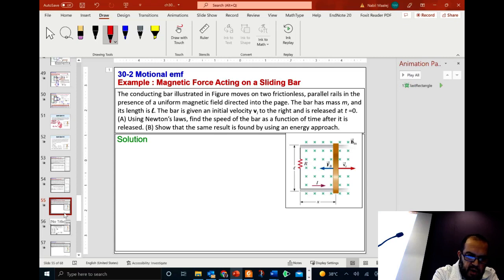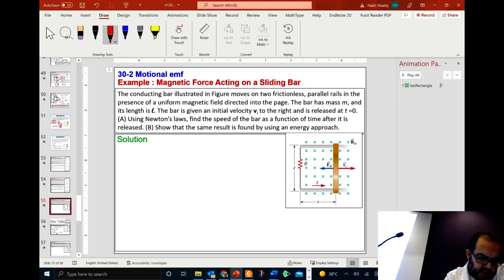Using Newton's law, find the speed of the bar as a function of time after it is released. Here we give it an initial speed v initial, and so it has a mass m. Using Newton's law, find the speed of the bar as a function of time after it is released.